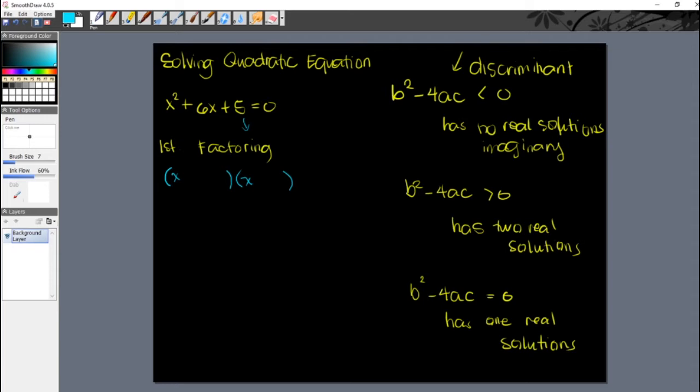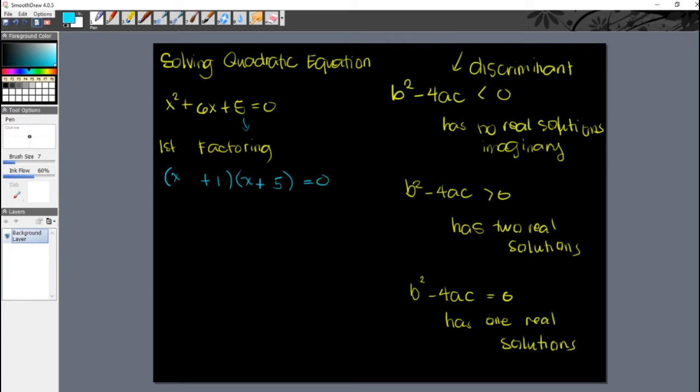The factors of 5 are 5 times 1. If I add these two, 5 plus 1 is 6. So that's the middle term. So the sign here is going to be plus, and we set it equal to 0.